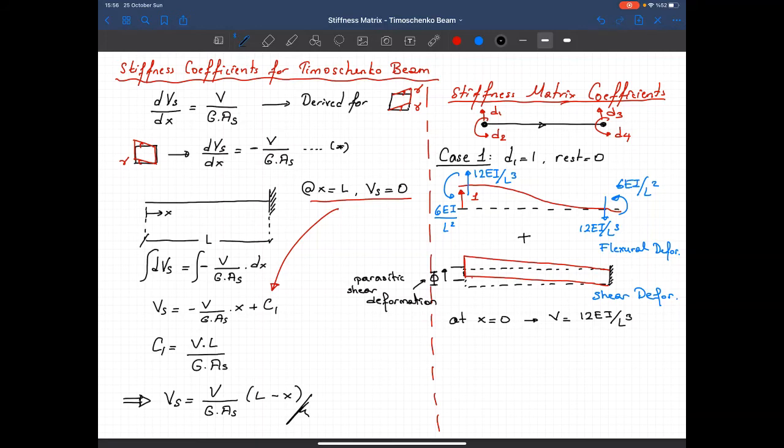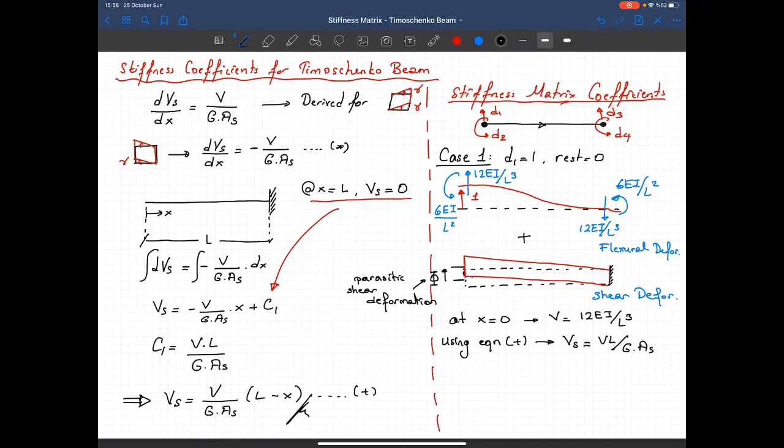Okay, let's call this one equation plus. So using equation plus, I obtain Vs as equal to VL divided by G times AS.